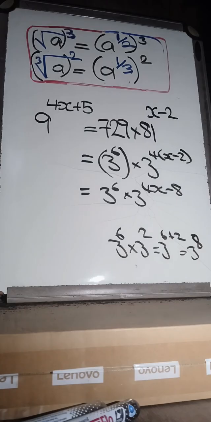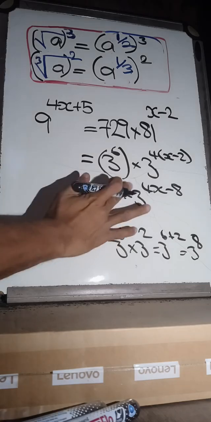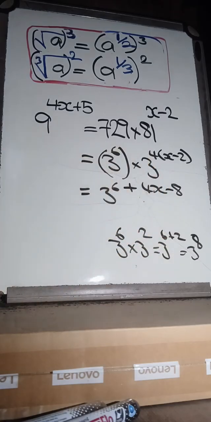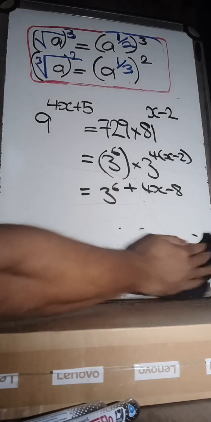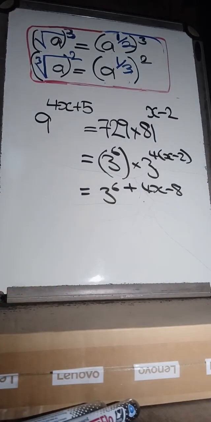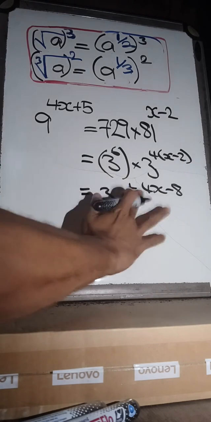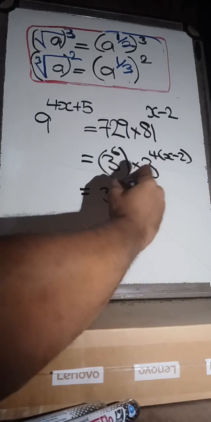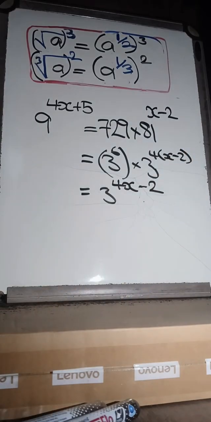For context, it means we're going to add 6 plus 4x minus 8. Now 6 minus 8 is minus 2. Therefore, when we're done with this, we'll end up with 3 raised to the 4x minus 2.